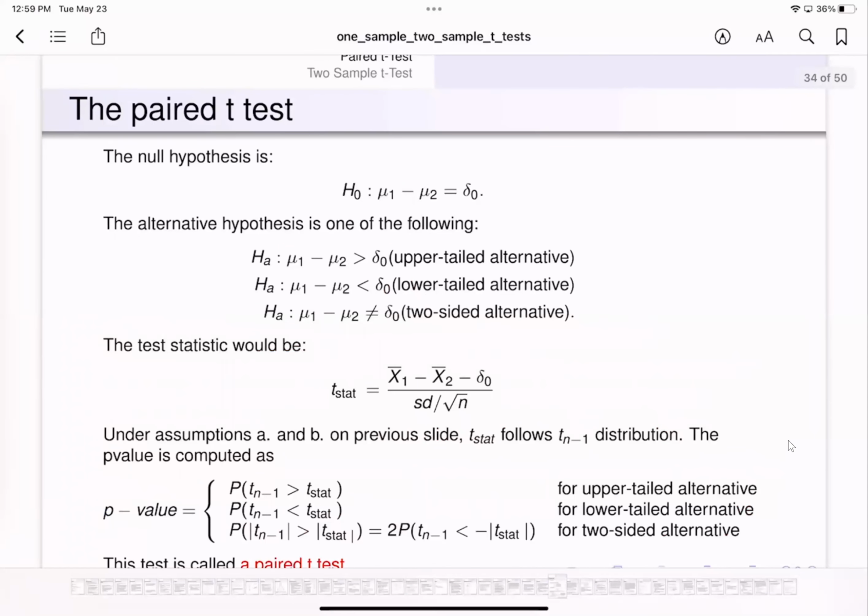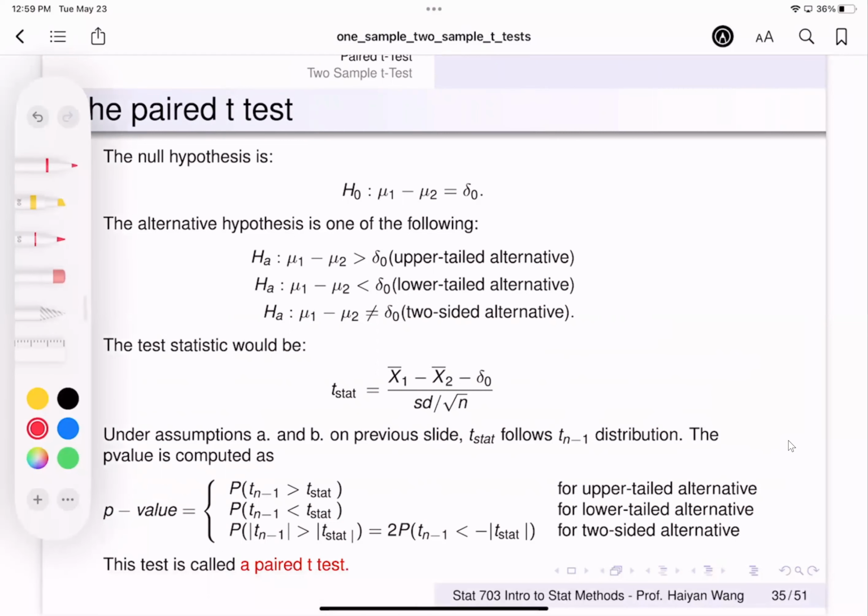The difference actually represents the difference in the means from the two samples. In fact, mu1 is used for the first population's mean, or the first in the paired samples, and mu2 is the mean from the second population, or the second in the paired samples. Then we are trying to test whether the difference is a given value delta_0 or not.